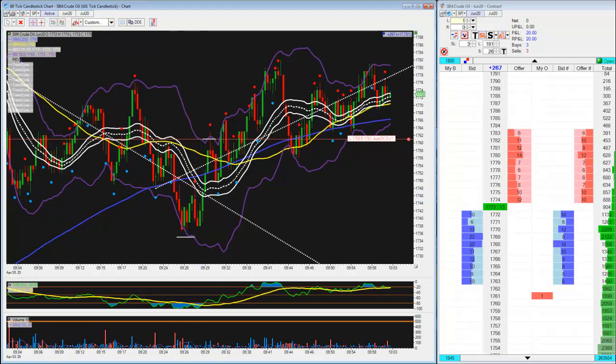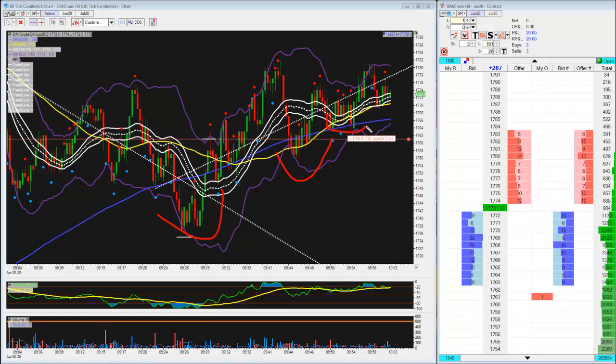So here's what I see. Here's 1, 2, 3. Come back down here to the bottom of the triangle. Try to grab some profit on that. Maybe it'll break.